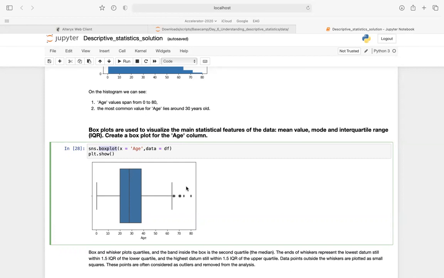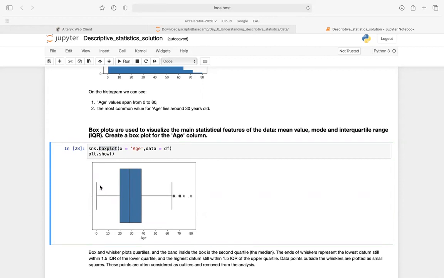All right, outliers are the data points which do not follow the normal pattern of your data. It's very different from all other data points. So those are called outliers. These small squares or dots that you see here are nothing but the outliers.